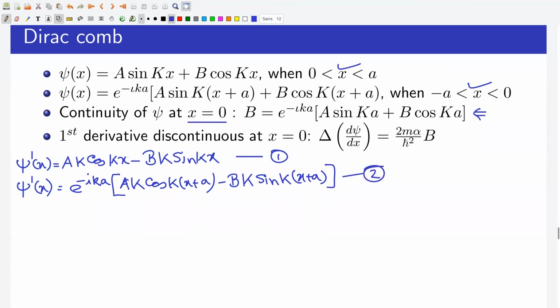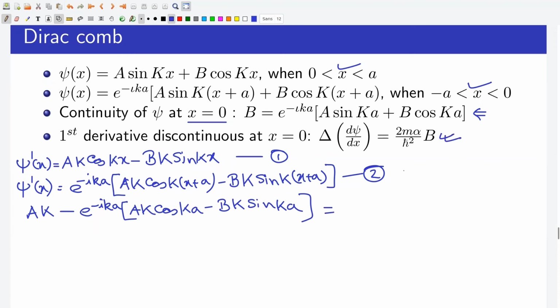At x equal to 0, the first equation is just a times k, and the second equation is e power minus i k a times a k cos K minus b k sine K. Now we have to subtract the first derivatives, and they are equal to this term, 2m alpha divided by h cross square times b.